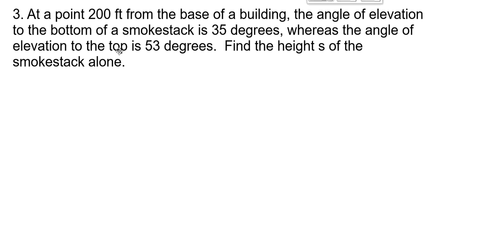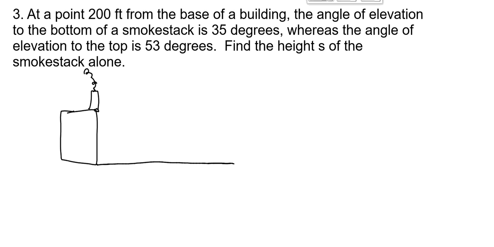So I'm going to color code my picture a little bit. I'm going to have my building right here. And obviously it has a smokestack at the top. I'm going to put it at the edge just so it's easy. And there's the smoke coming out. So we know it's a smokestack. And so what I have to think about is I know that I am going to be 200 feet from the base.